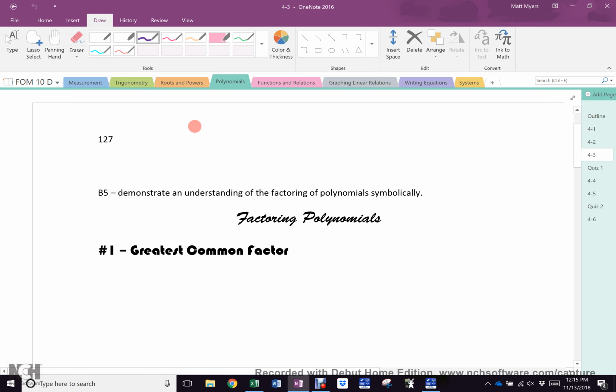In this blank spot at the beginning, I need you to write something. Factoring is the reverse, not inverse, is the reverse of polynomial multiplication.